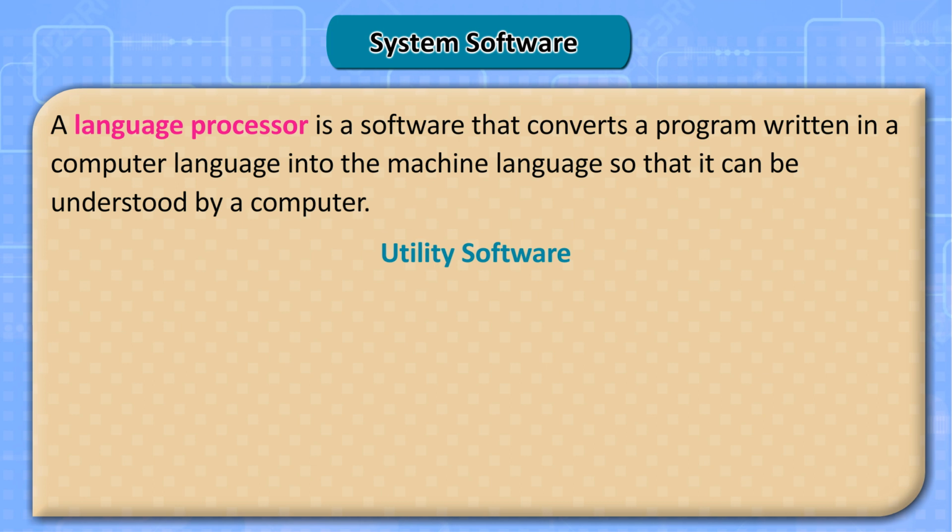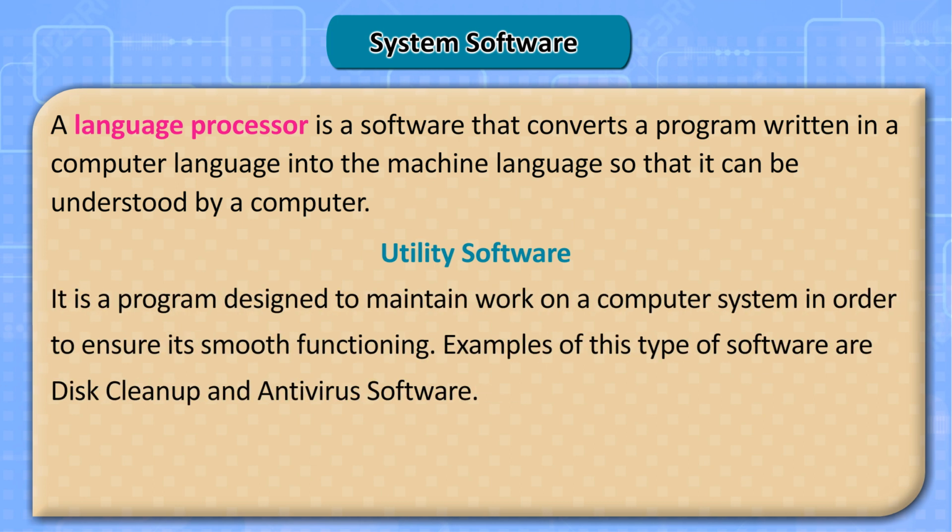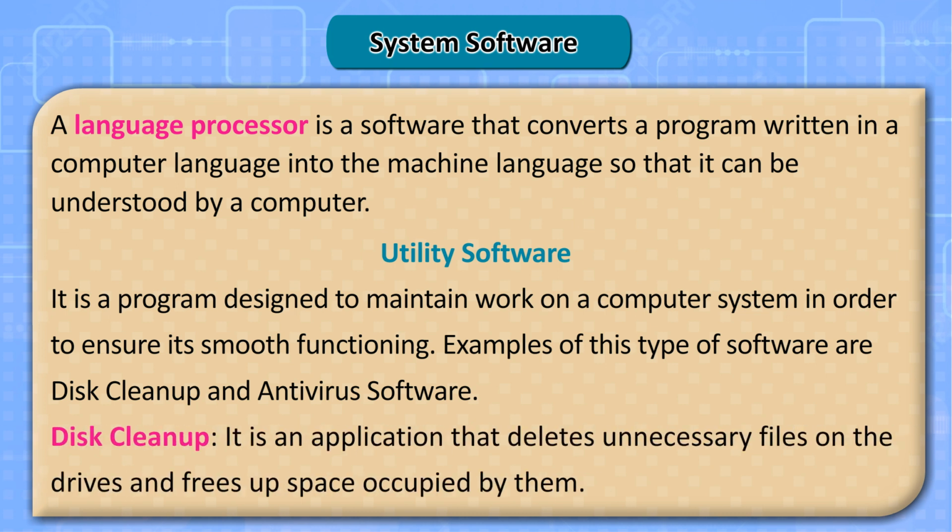Utility software. It is a program designed to maintain work on a computer system in order to ensure its smooth functioning. Examples of this type of software are disk cleanup and antivirus software. Disk cleanup. It is an application that deletes unnecessary files on the drives and frees up space occupied by them.